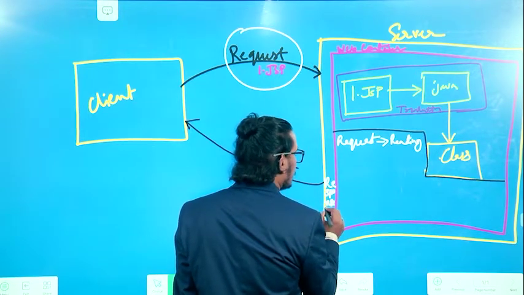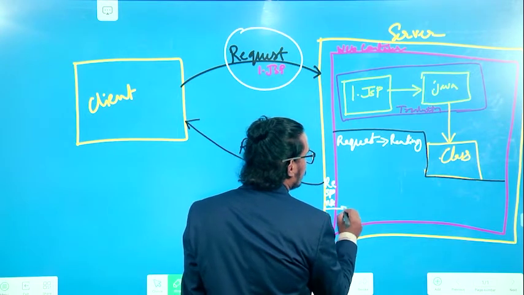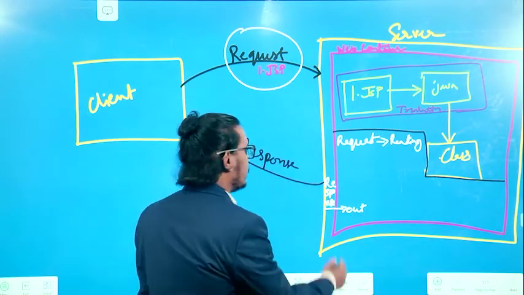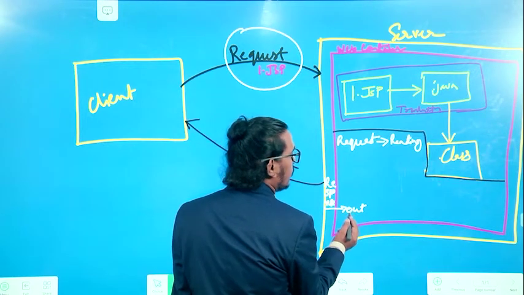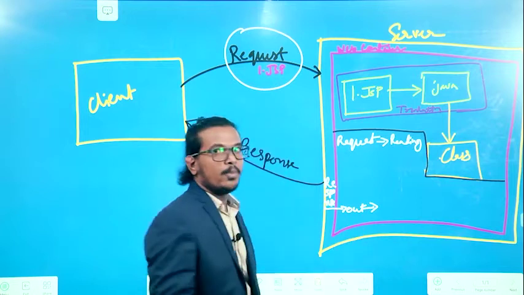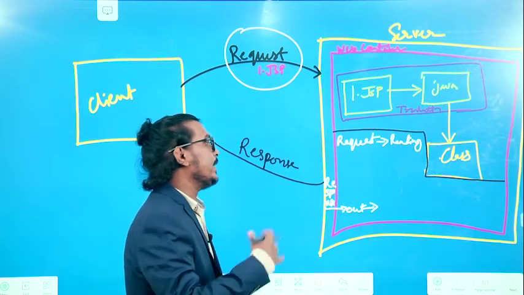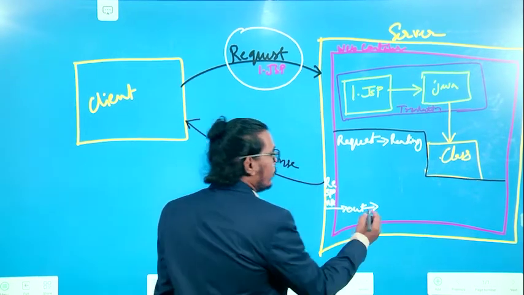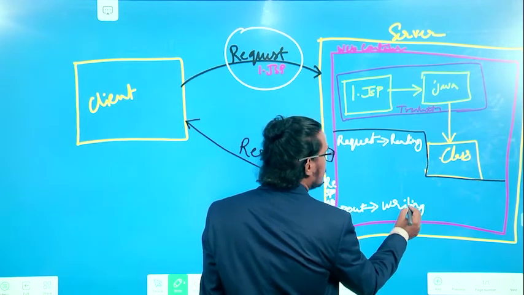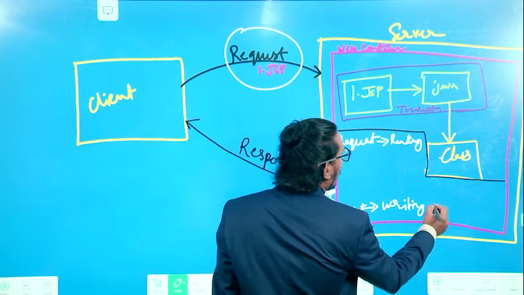In this response, we are using the out object. With the help of this out object, we are writing the data to the buffer, constructing some response with the help of the output buffer.